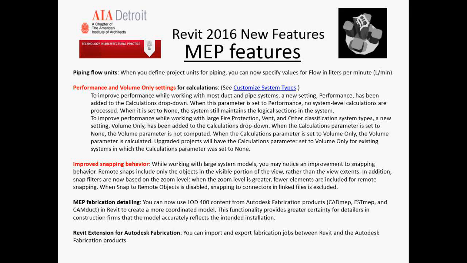Well, the system volume is useless if you're drawing diagrammatically, right? We don't care about that. So they've given us the ability to turn that off, which is going to reduce CPU cycles, which is going to give you better performance. So that's a good thing. They kind of finally realized that not everybody is shooting for a level 400, 500 BIM design model.